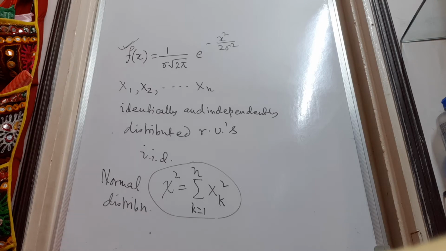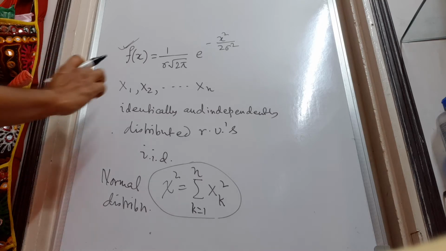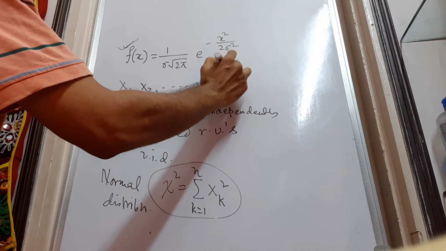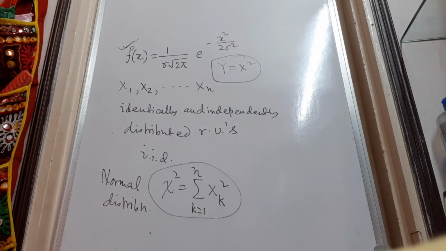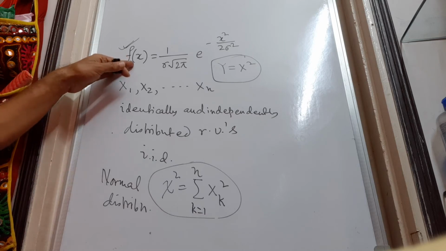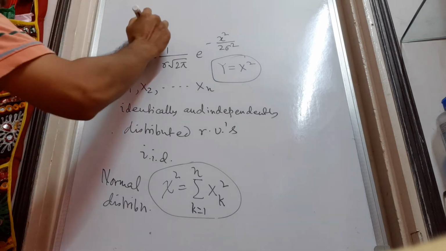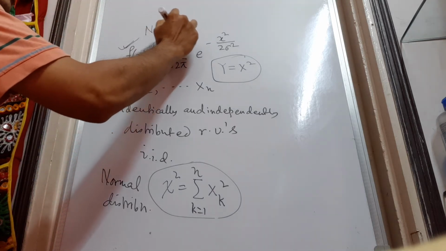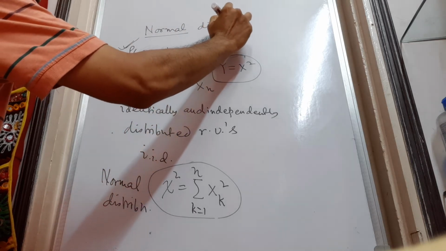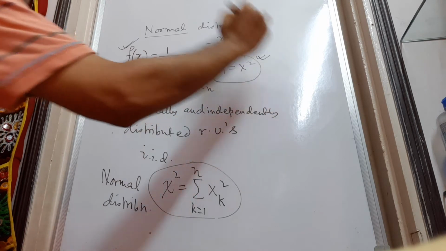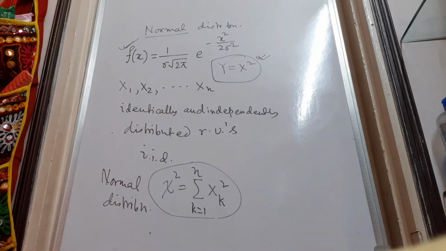So, obviously, we first want to reach the density function corresponding to this substitution y equal to x square. This is the density function for normal distribution, and we want to reach the distribution of x square.